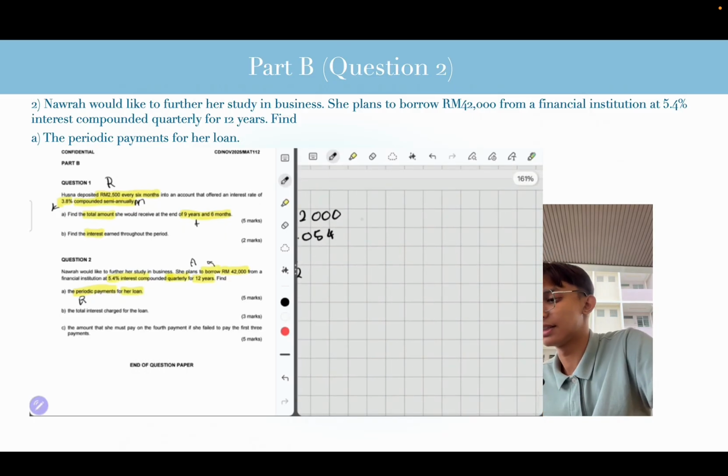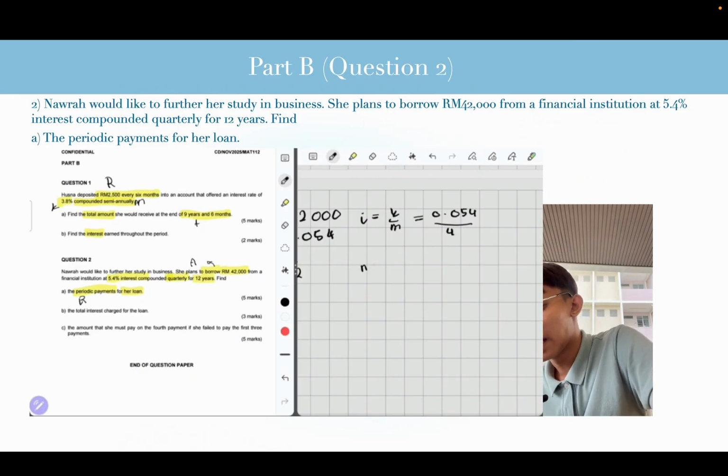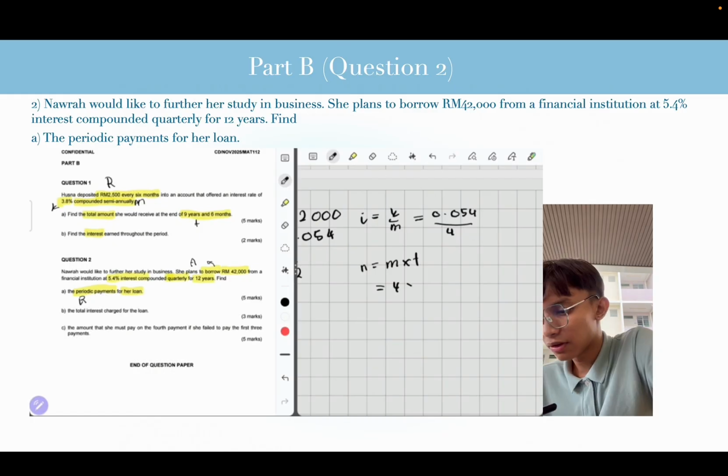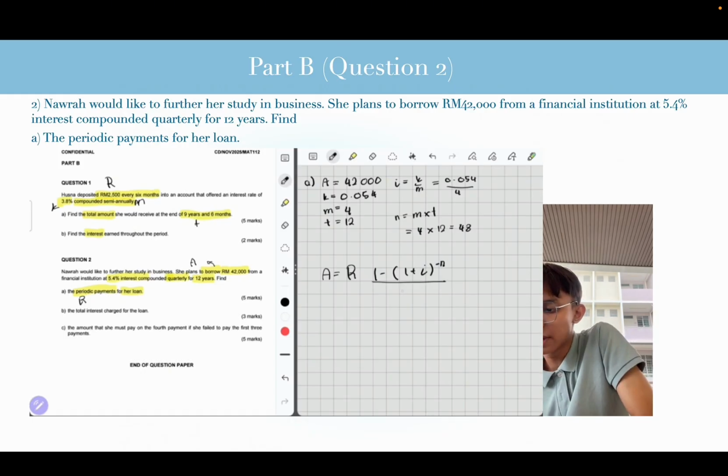So let's find the I and the N. I equal to K over M, so equal to 0.054 over 4. N equal to M times T, so equal to 4 times 12, equal to 48. Now let's move to the formula. We use the formula A because it's about a loan, so A equal to R, 1 minus 1 plus I, don't forget to put the negative on the end, over I. Big bracket.